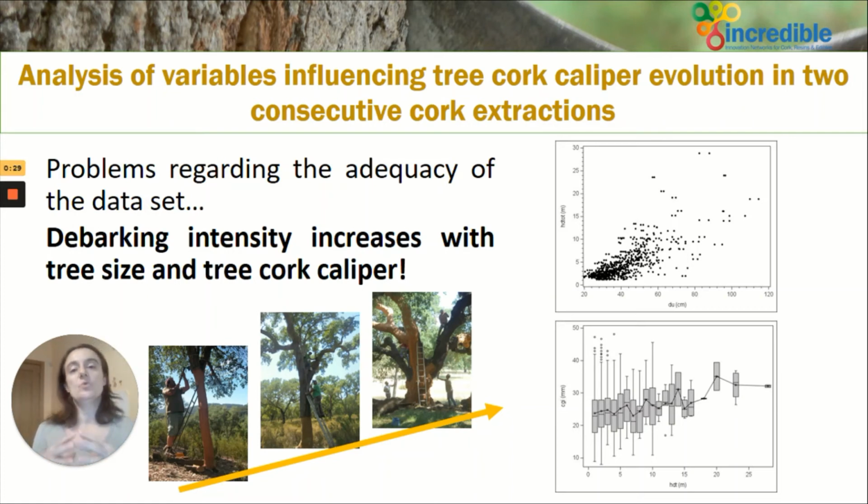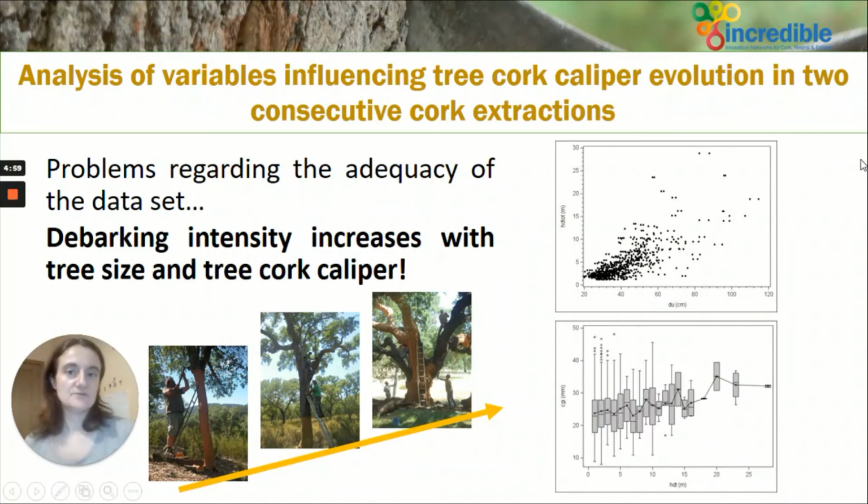Meaning that when a person approaches the tree to carry out the debarking, what they see is that if the tree is large or the cork thickness is very thick, then that tree is good enough for you to take more cork. So this means that our data set does not fit our purpose here, because these are permanent plots, not trials, and we do not control the debarking coefficients.